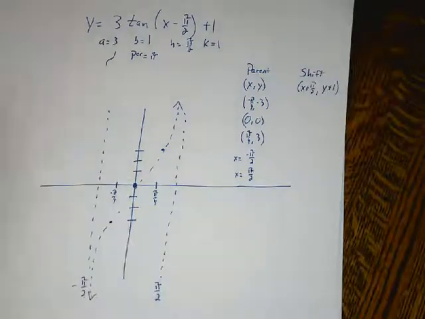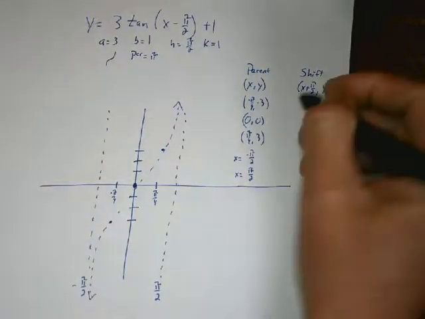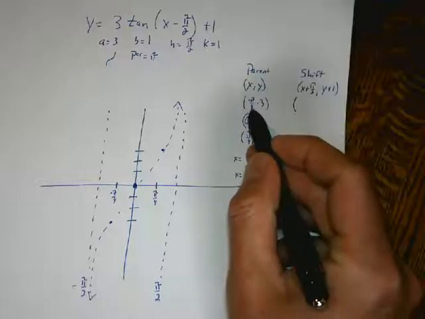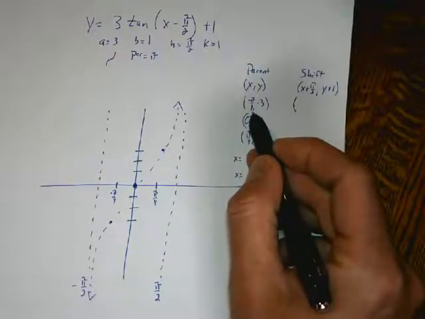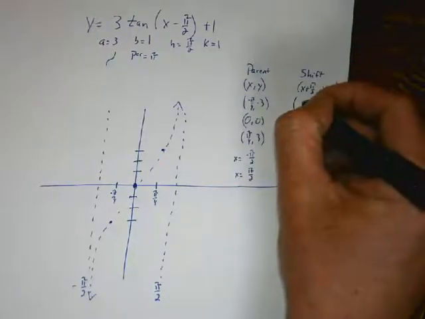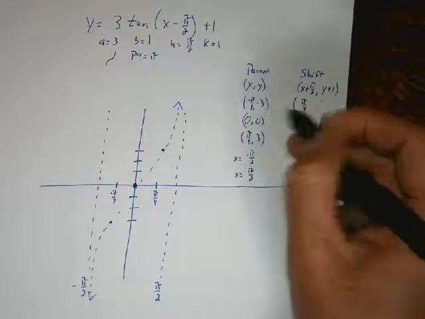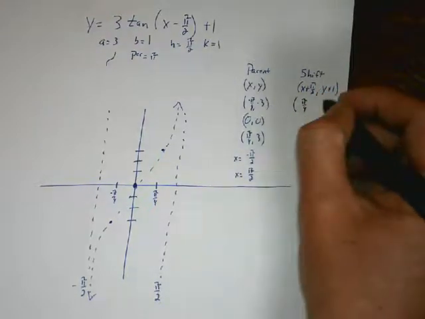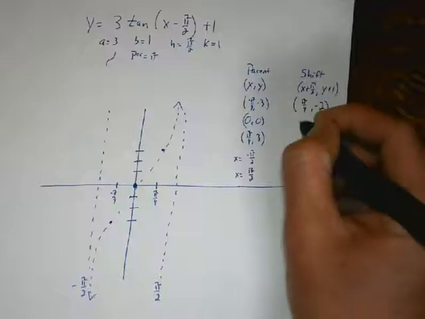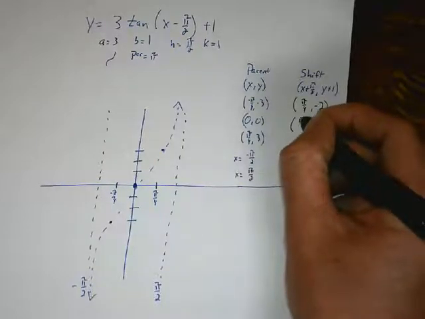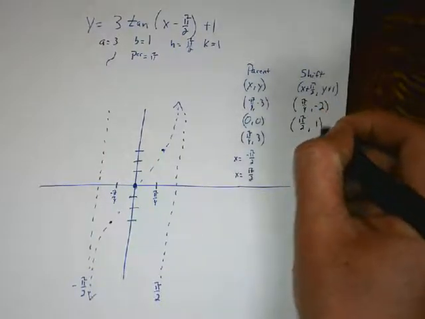So now we have our ordered pairs to shift. If I add pi over 2 to negative pi over 4, I get positive pi over 4, so it's pi over 4. And last I checked, negative 3 plus 1 is negative 2. This one we should be able to do okay. Like so.